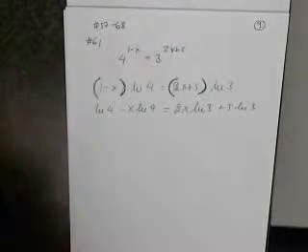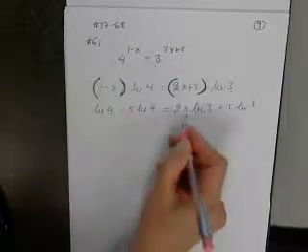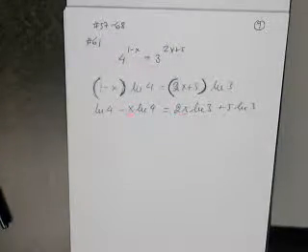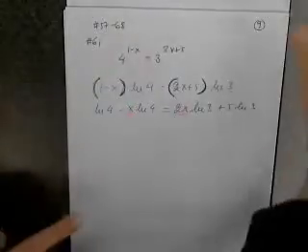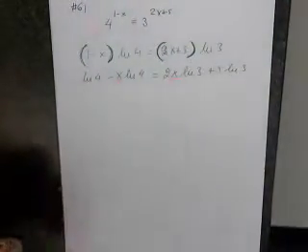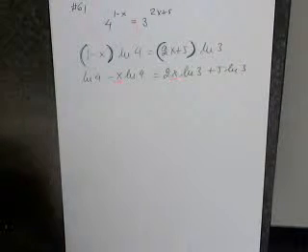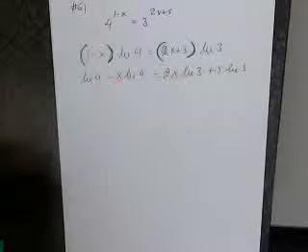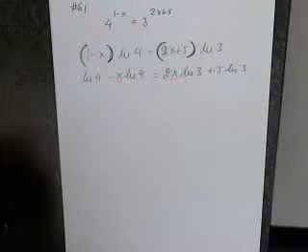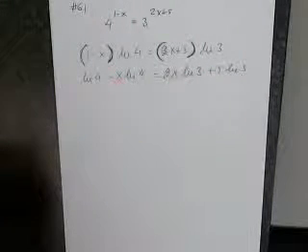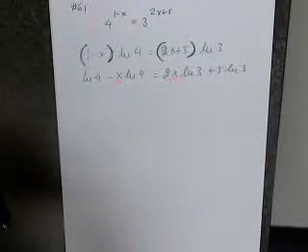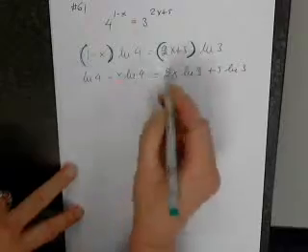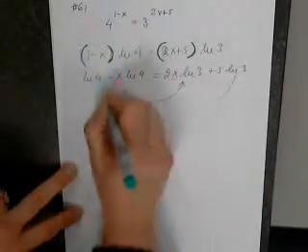I'm solving for x. What should I do next? Any suggestions? Put the x terms on one side. Very good. Because both will be negative, I prefer moving this term here and moving this term here.